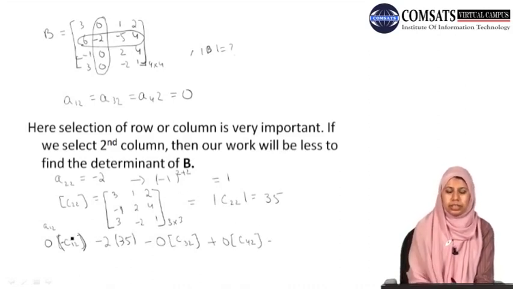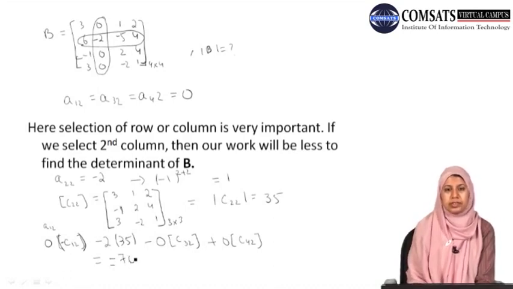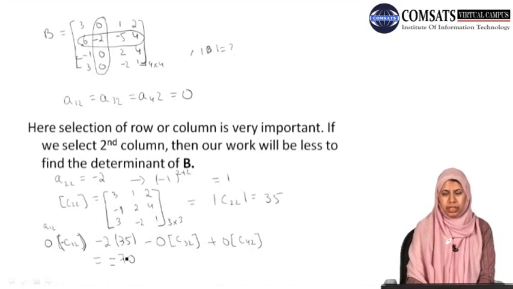And adding all these products, we obtain the first, third and the fourth product will be 0, and we are left with only the second product, which is minus 70. So the determinant of this matrix of order 4 by 4 is minus 70.